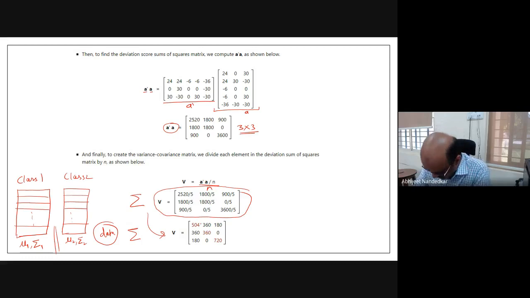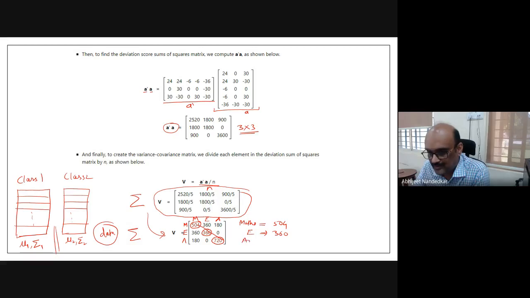Now, if you see closely at these diagonal elements, if you recall, this was maths, this was English, and this was, I think, arts. This is maths, English, and arts. So when I take the variance for maths, it is 504. Variance for English is 360. So take all diagonals.